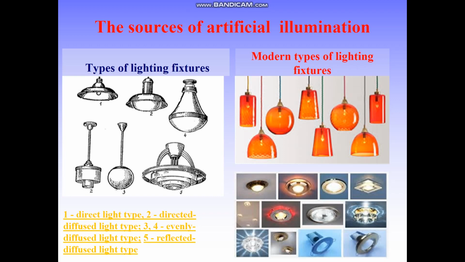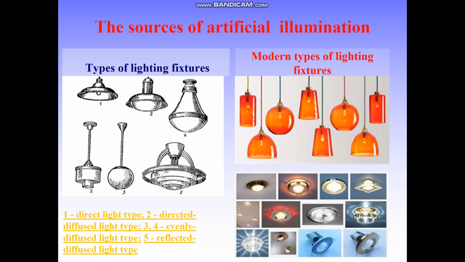Artificial lighting is also necessary in premises, especially in case of insufficient or changeable lighting. With its help, it is possible to create a stable lighting intensity during the day. Sources of artificial lighting: general, local, combined. General: the lamps are located uniformly in the top part of the premises.